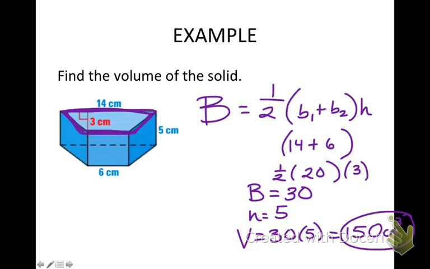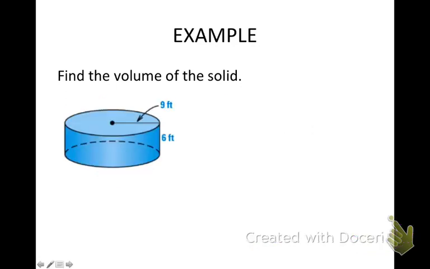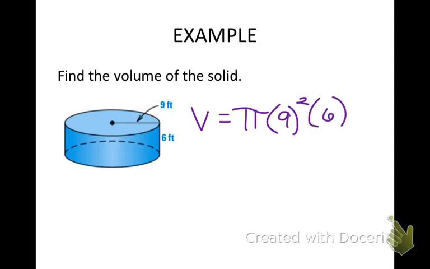So for the next one, what shape do we have? Cylinder. So this is just a matter of plugging in our information. So my volume is equal to pi times my radius, which is 9, squared, times the height, which is 6.